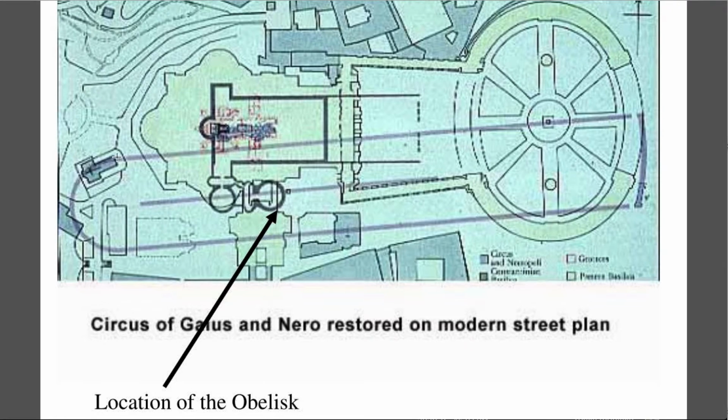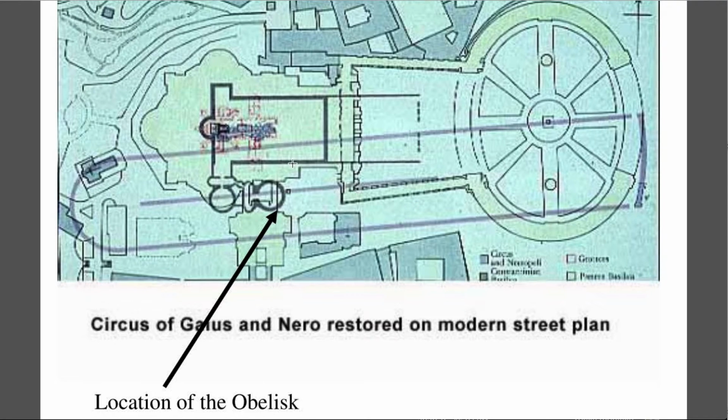And this oval shape, or this long rectangle with its round on one end, is called a circus. That is, it's a racing track for running races with horse-drawn chariots, called a circus. So this is the Circus of Nero.